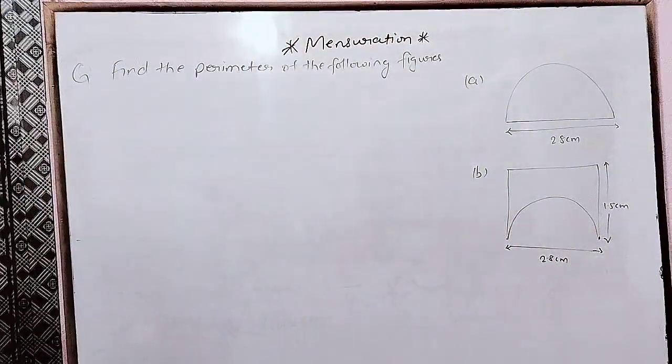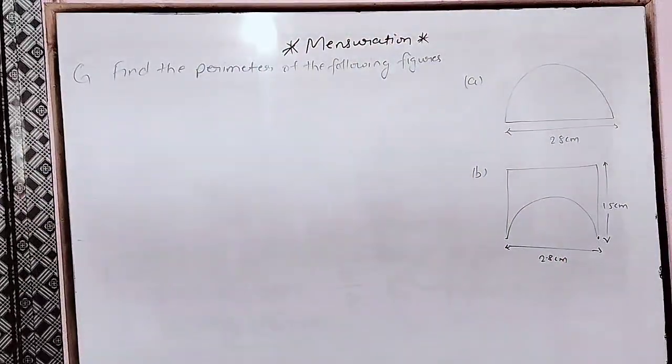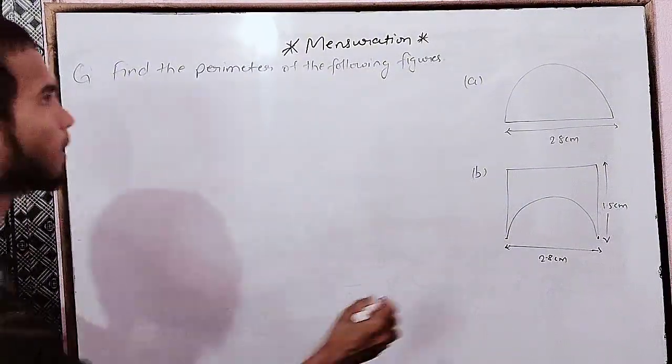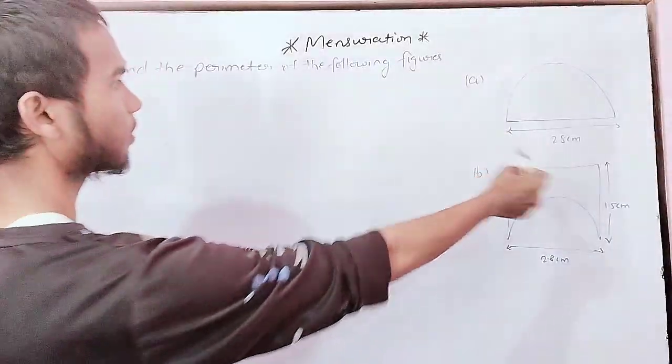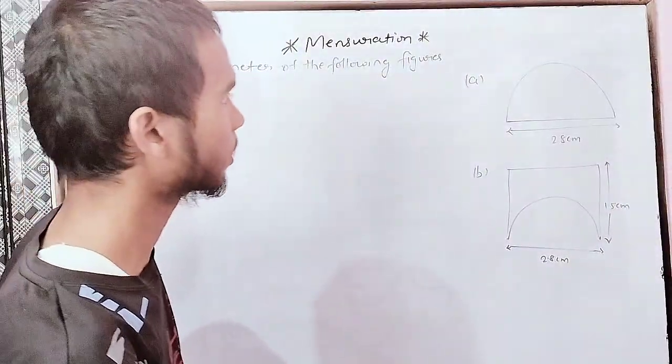Look at this figure. This is our question. It is saying find the perimeter of this given figure as well as the perimeter of this given figure. Let's start from the first figure.